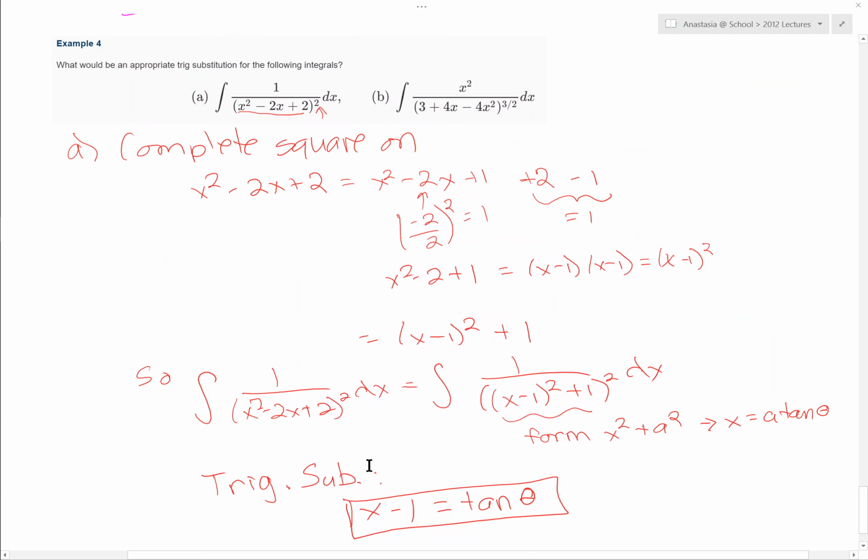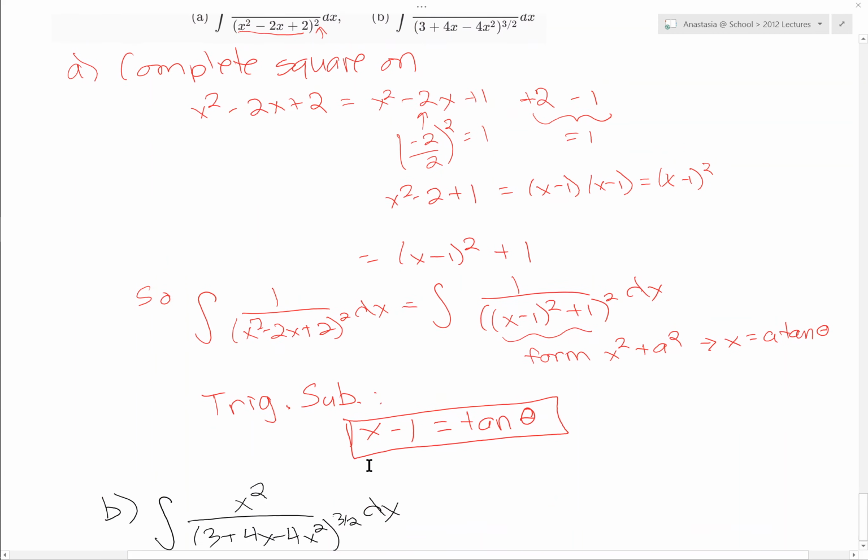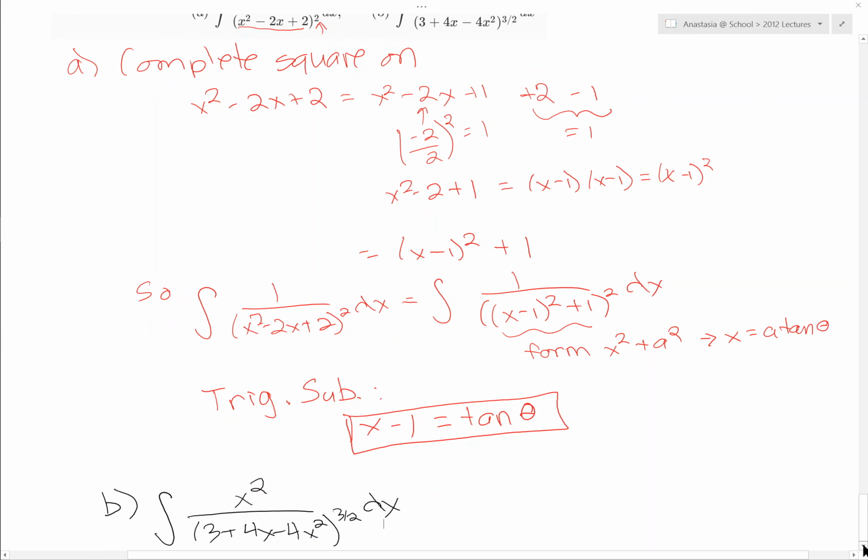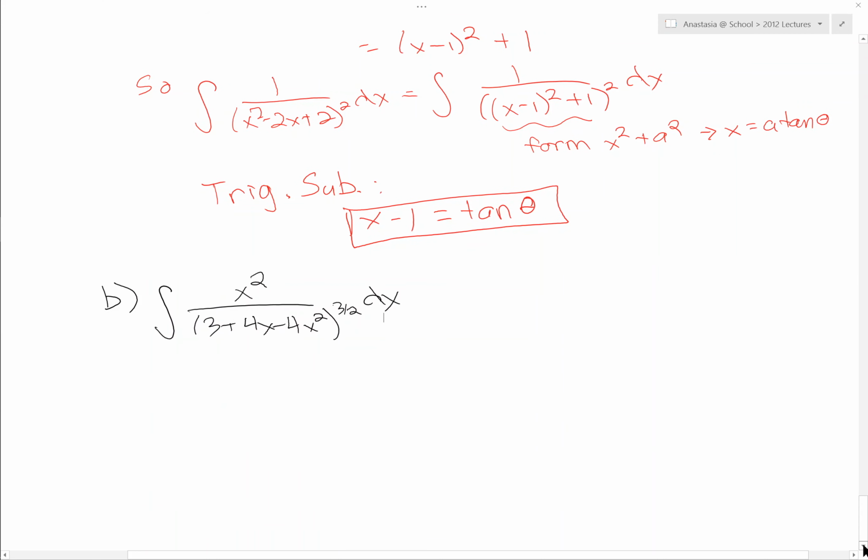Let me make sure that is the same. Yes. Okay. So again, we're going to complete the square on the part in the denominator that's in the parentheses, 3 plus 4x minus 4x squared, because that's our complicated expression that's being raised to a power.